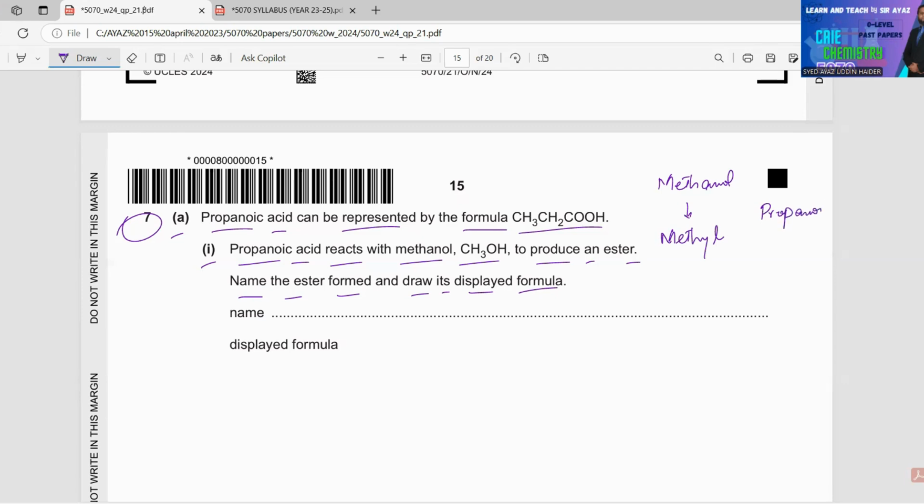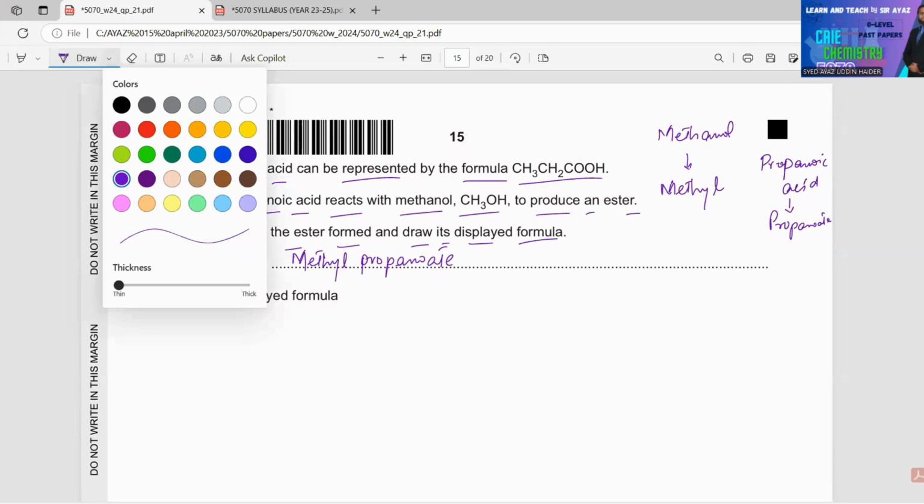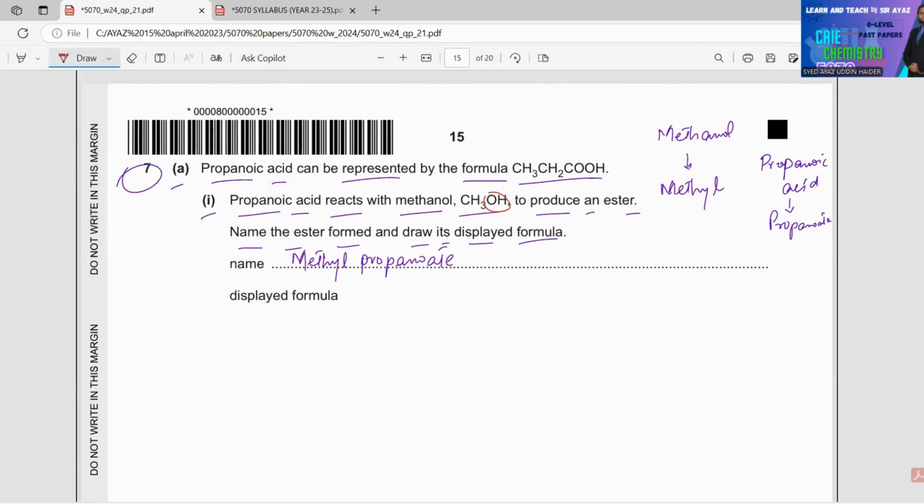Propanoic acid gives propanoate. So the ester must be methyl propanoate. For the displayed formula, remember, you need to remove OH from the carboxylic acid and H from the alcohol to release a water molecule.